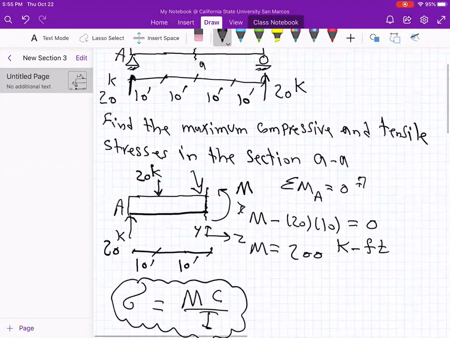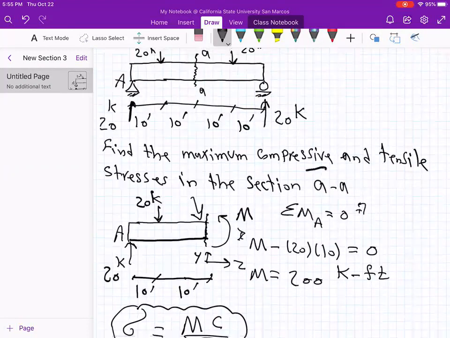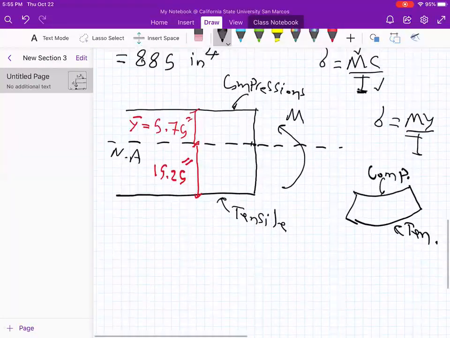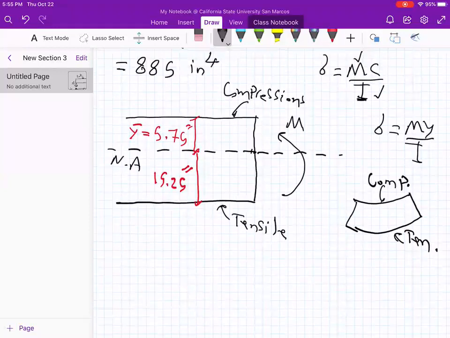It asks to find the maximum compressive and tensile stress in this section AA. Look at the formula: we have M, we have I, and M and I are constant. To find the maximum compression, we need to use this length as y. Let's call it CC.